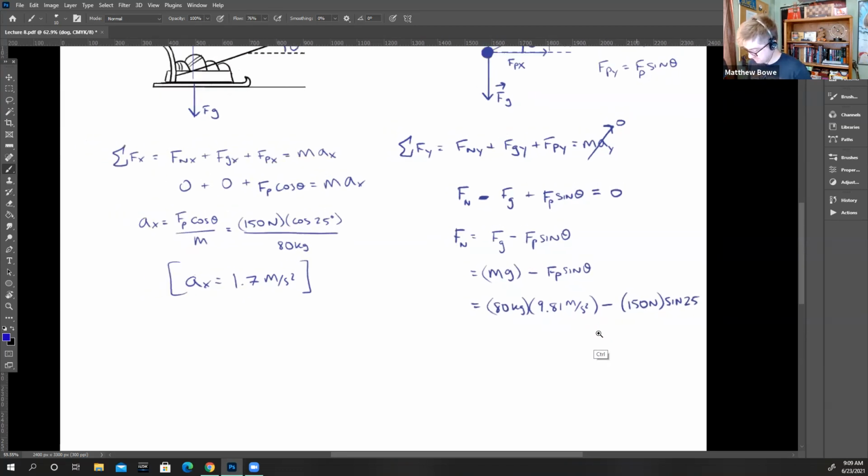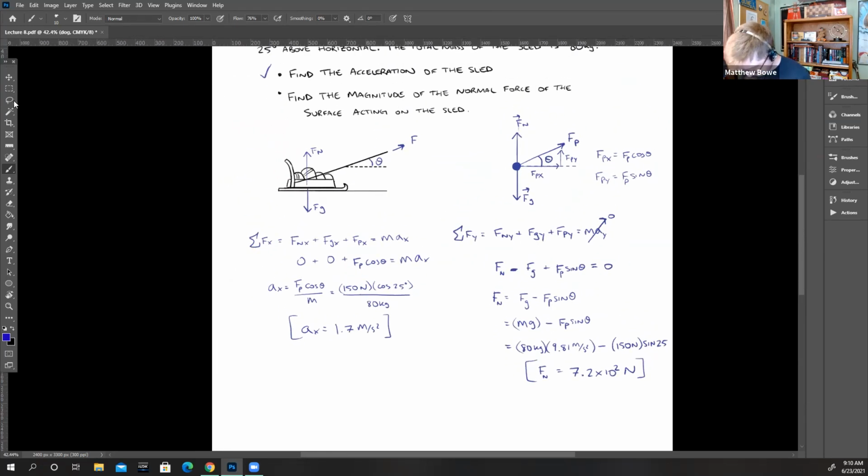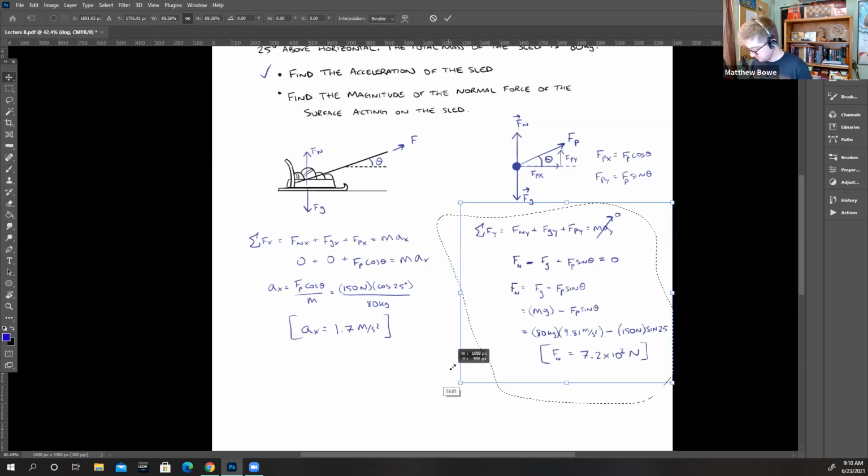And we get the normal force is equal to 7.2 times 10 to the second newtons. And I'm going to shrink that again because I also think that's too big for the next example.